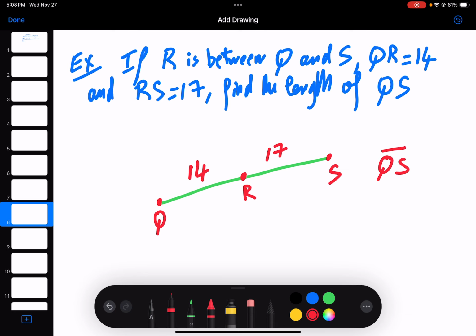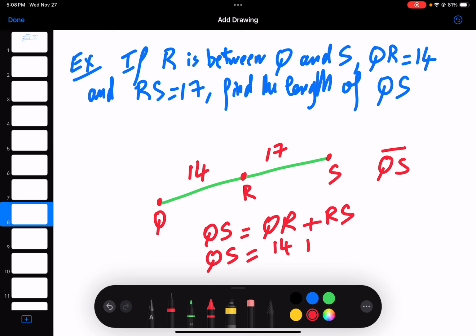So then we can say that QS, the length QS, is equal to QR plus RS. And since QR is 14 and RS is 17, the total 14 plus 17 is 31. And there you have it.